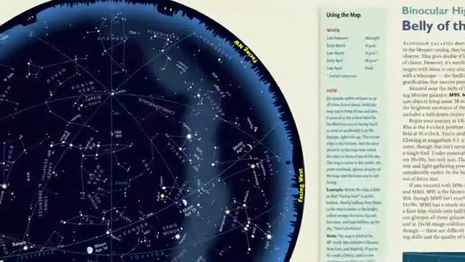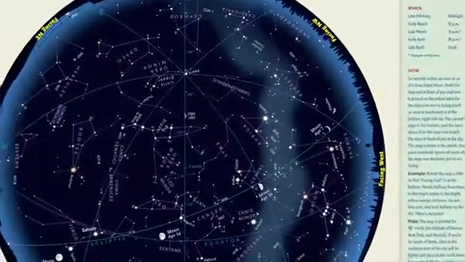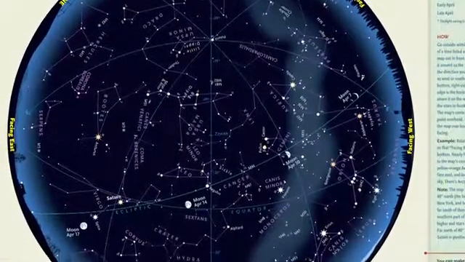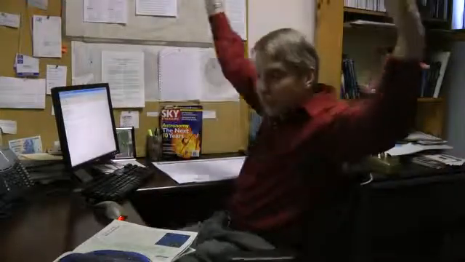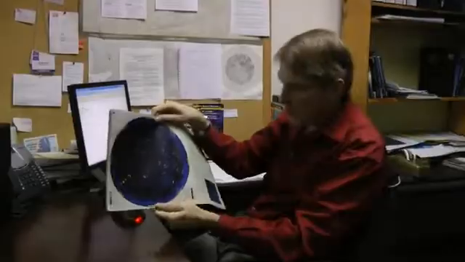This is the evening constellation map that appears in every issue of Sky and Telescope magazine. It's the entire celestial hemisphere above your horizon, the whole great big sky, from the horizon to the zenith in all directions, all squeezed down into this little circle in front of you here.